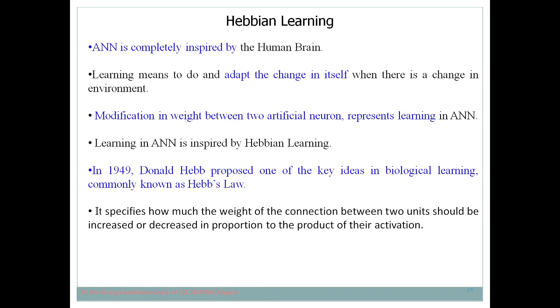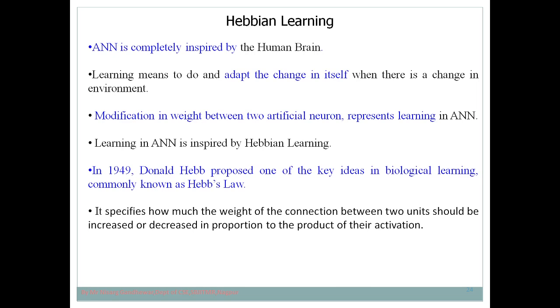In order to learn the concept of Hebbian learning, we need to understand the concept of artificial neural network. When I explained artificial neural network, you came to know that ANN is based on the concept of the human brain.